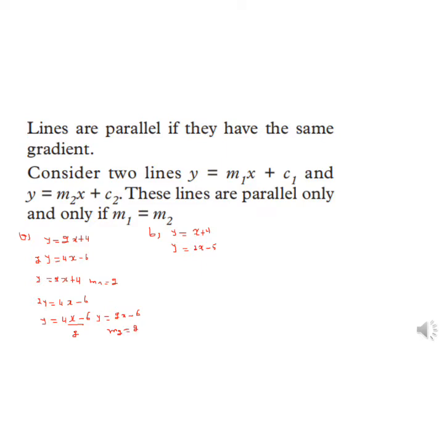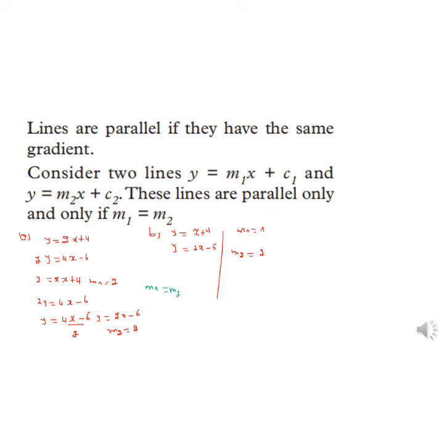About the second example, the gradient of equation 1 is equal to 1, because here we have a coefficient of 1. Now the gradient of the second equation of line. For the first example, example A, m1 is equal to m2.